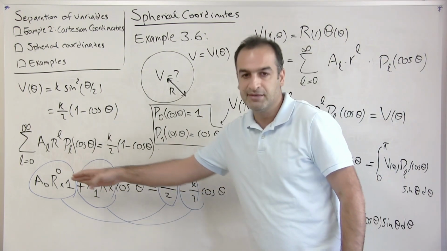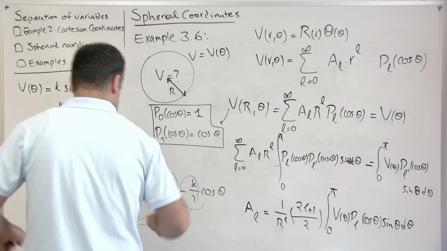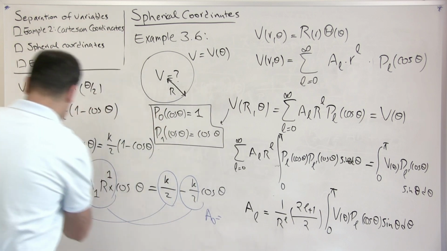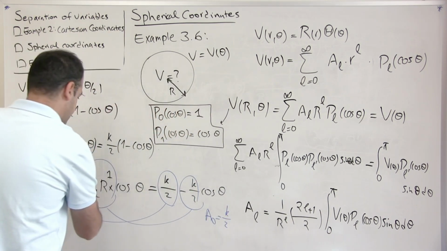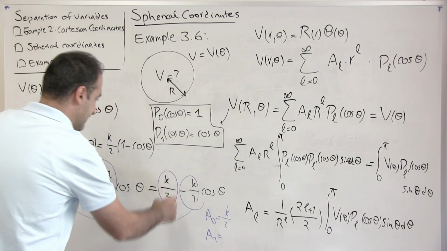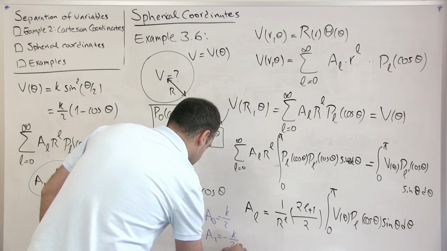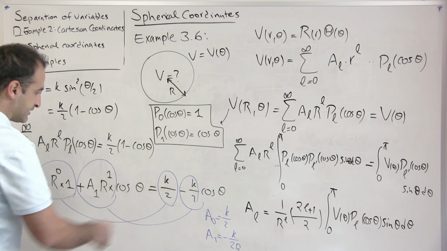So they look very simple. And this way we can just say, okay, A0 should be k/2, and then A1 here should be negative k/2, technically k/2r, because A1 times r is k/2.